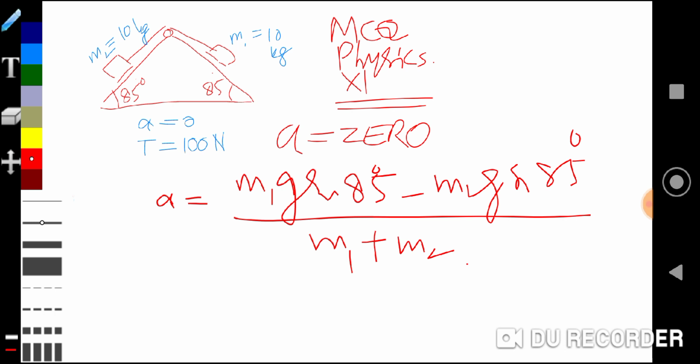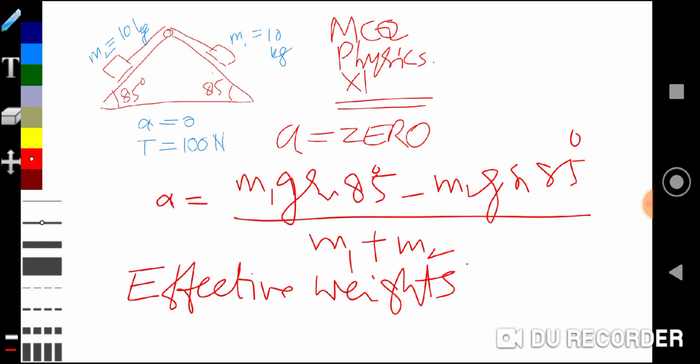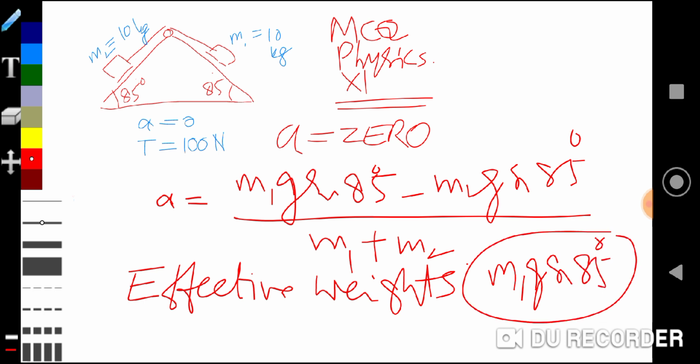Now, as in this case the effective weights are equal on both sides. What is the effective weight? One is m1 g sine of 85 degree, and the other is also the same, because mass 1 and mass 2 are equal, and the angles are also equal.